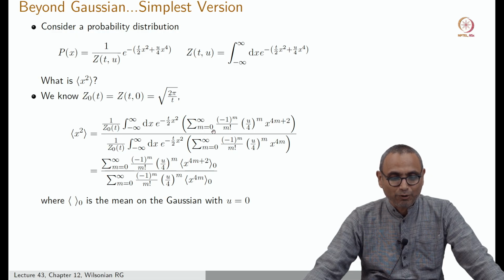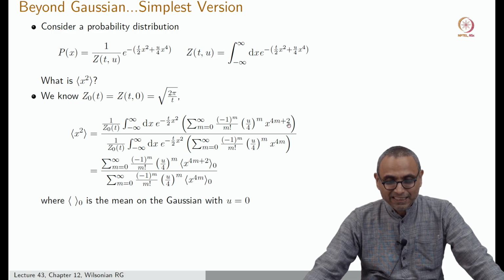So that will be m equal to 0 to infinity, minus 1 to the power m by m factorial, u by 4, that is just this u by 4, x to the power 4m, because I am taking the mth power of this, and this plus 2 is because I am finding the expectation value of x square. So I need to multiply this by x square, which I am shifting into that. And the denominator is just this partition function expanded out in power series in u.